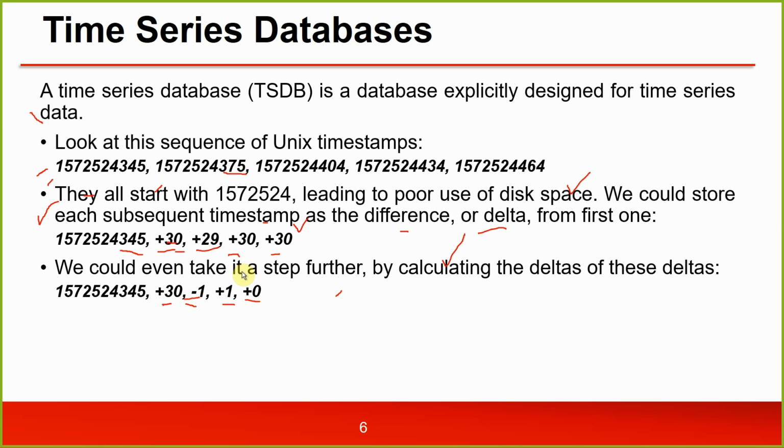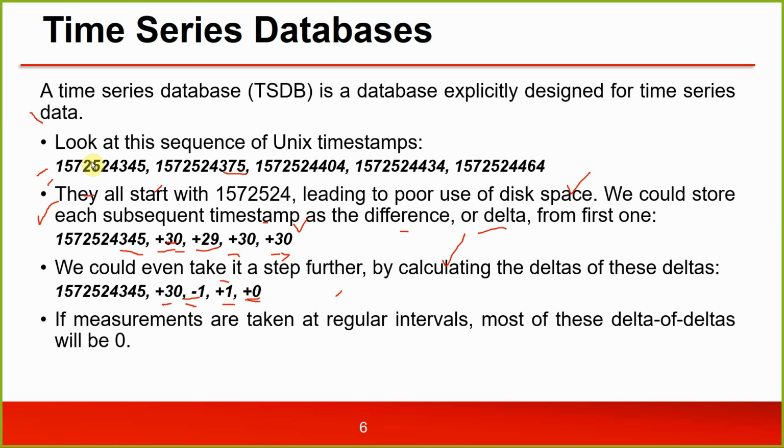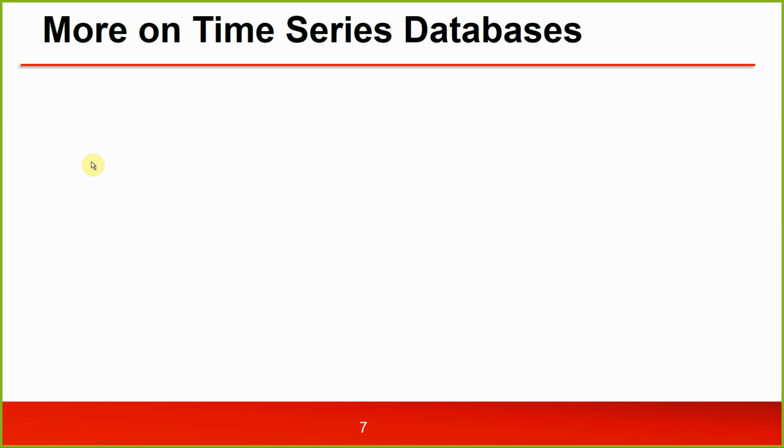Then the next is 1 more than the previous, so plus 1, and this is the same as the previous one, so plus 0. This is a further reduction in space utilization. This is the reason we require dedicated storage for a time series database, which will be optimized in terms of storage. If measurements are taken at regular intervals, most of these deltas of deltas will be 0.